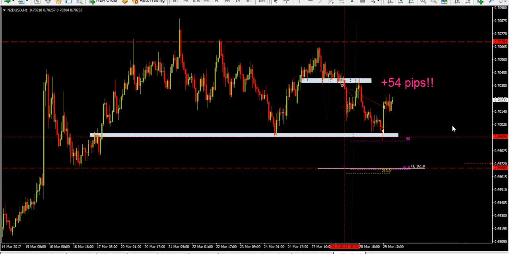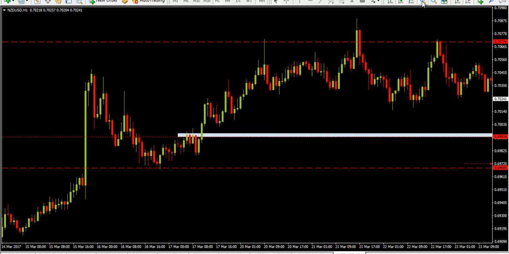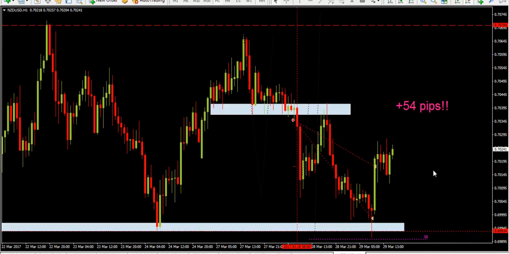Hello traders, welcome back. And well, we just got stopped out for an extra 17 pips on our New Zealand dollar US dollar trade. And remember when I was telling you about how we were going to find buyers around this zone? Well, check out this huge rejection candle.